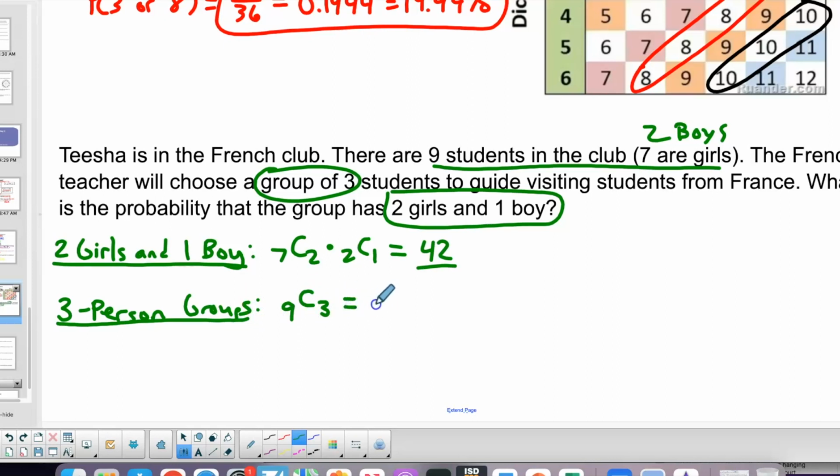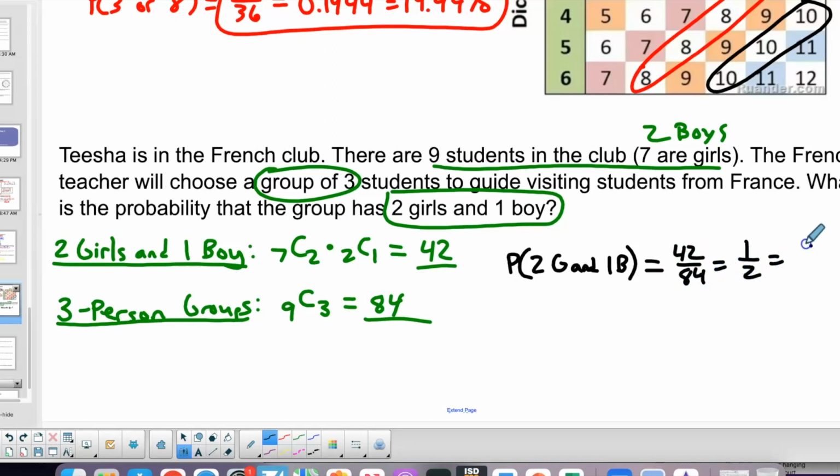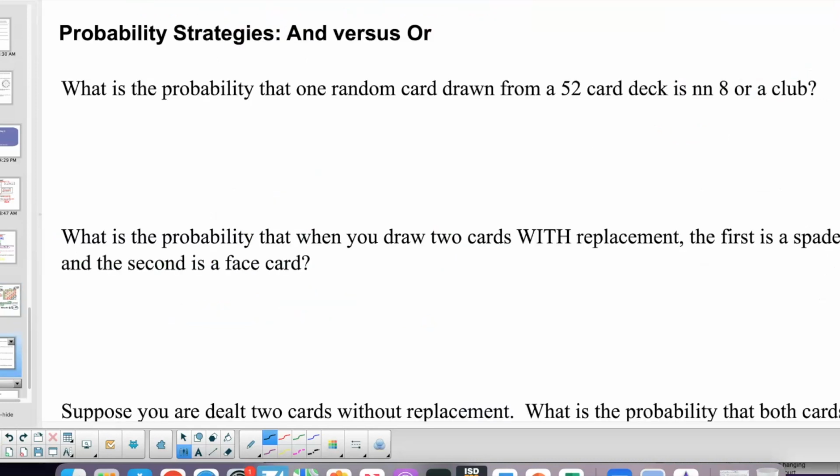That comes out to 84. That's the top and bottom of my fraction. So the probability that we get 2 girls and 1 boy is just 42 out of 84. This time it just happened to work out nice that that's 1/2 or 50%. So half the groups would have 2 girls and 1 boy. Okay, all right, moving on.